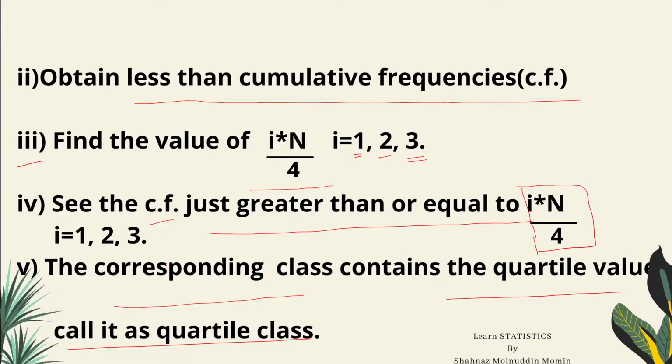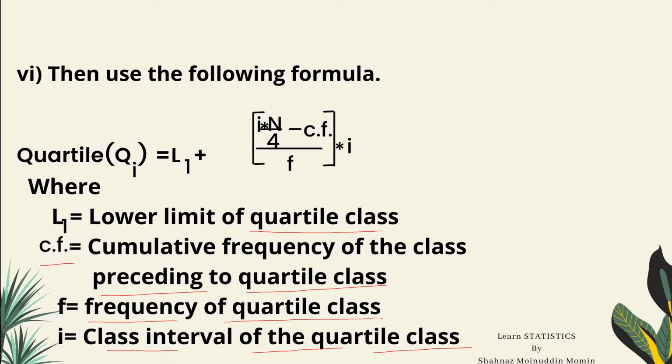Then find the corresponding class containing the quartile value and call it as a quartile class. Last step is use the formula for quartile as Qi equal to L1 plus I into n by 4 minus Cf upon F into I, where here L1 is lower limit of the quartile class, Cf cumulative frequency of the class preceding to the quartile class.